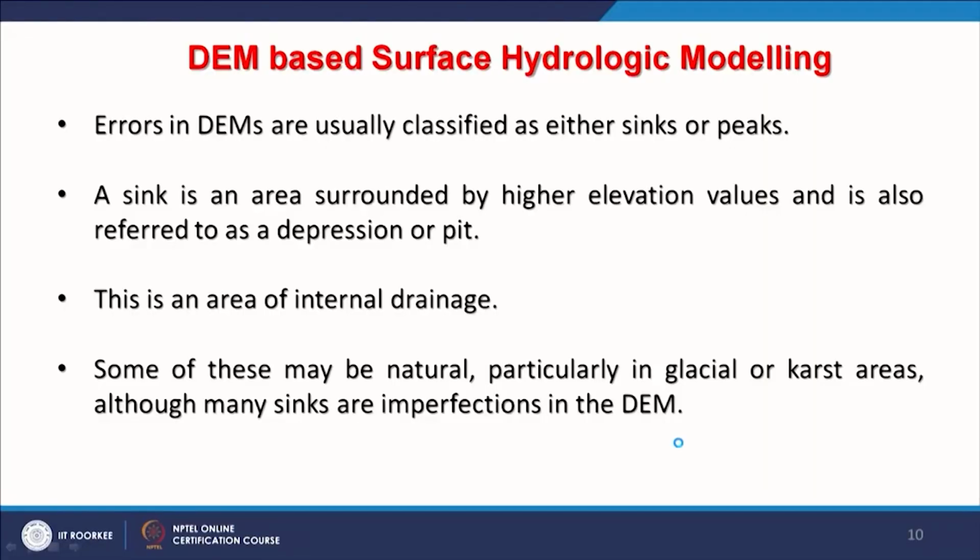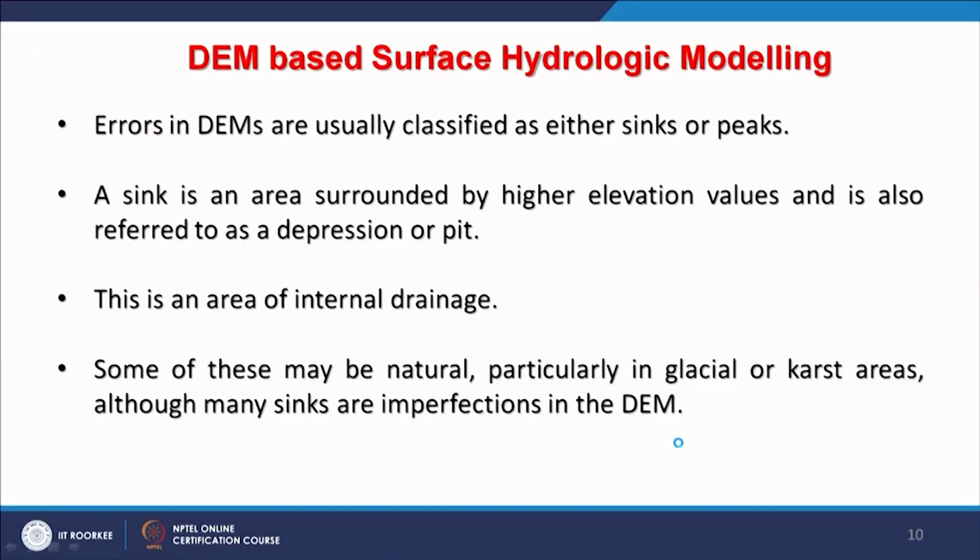It depends on what type of rocks are present, what type of geological structures are present, what type of soils, what type of vegetation, any human activities, and whether it is glaciated or snow covered, whether it is a karst area, meaning limestone terrain. Because limestone terrain generally has internal drainage. So, on the surface you do not see the drainage, but there is internal drainage.